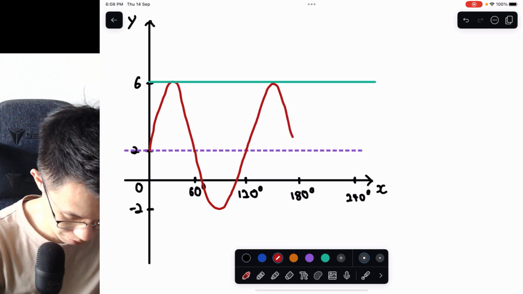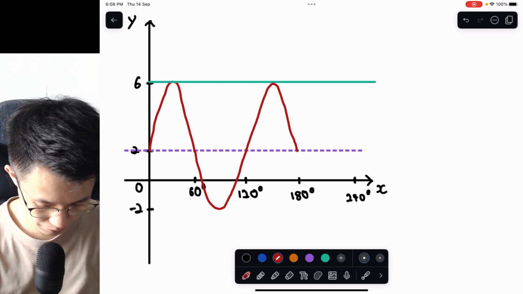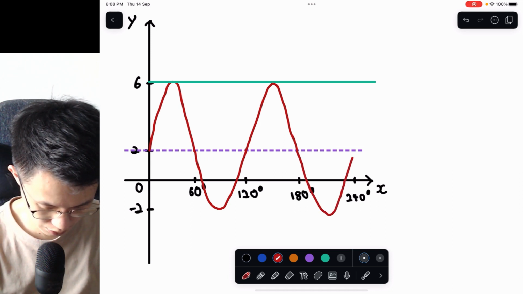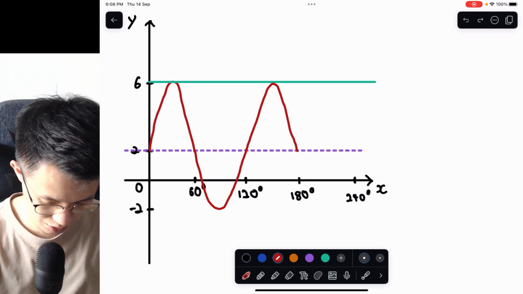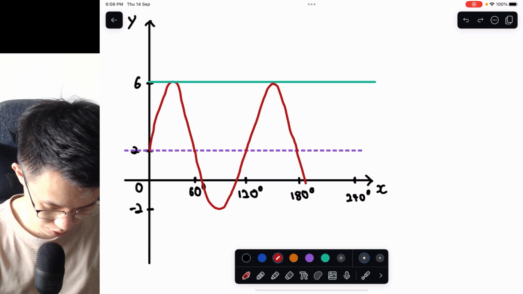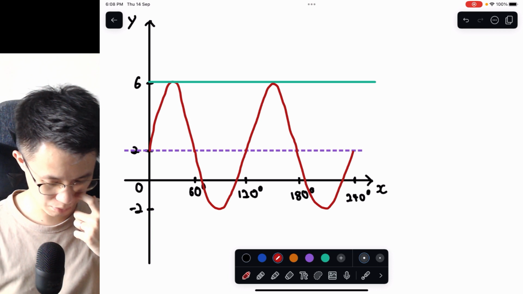Remember the maximum point will be in between the intervals, and then I'll do the same for the bottom. And ta-da! Okay, that's too much. I'm not drawing it very well, but that's the idea.